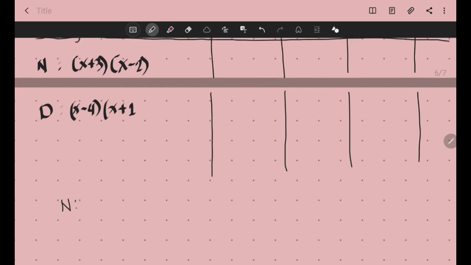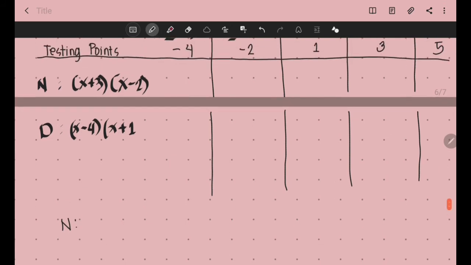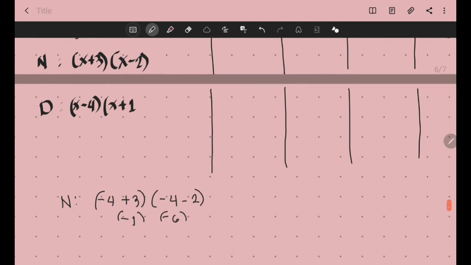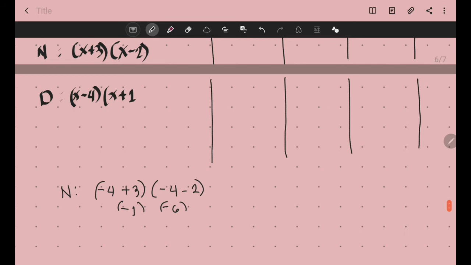So if x is negative 4, we have negative 4 plus 3 multiplied by negative 4 minus 2. So negative 4 plus 3 is negative 1 multiplied by negative 4 minus 2 is negative 6. So when you multiply negative 1 to negative 6, it will result as positive 6.